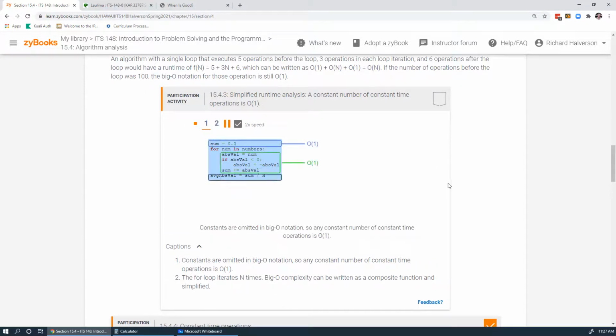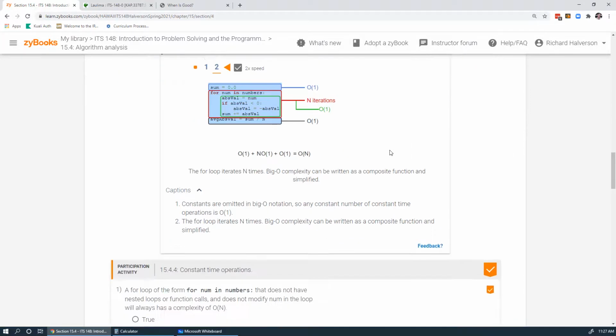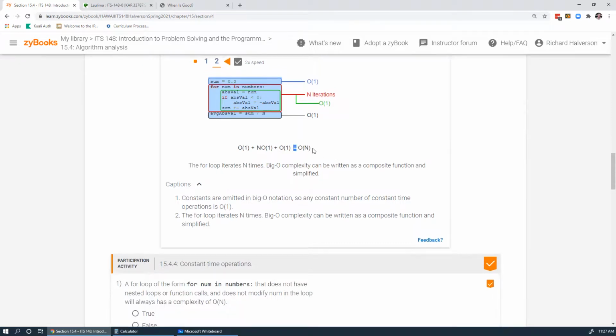O of 1, O of 1, O of 1. That's n iterations of O of 1. Yeah, right. That's what I thought.